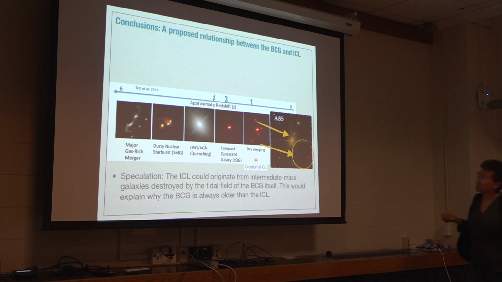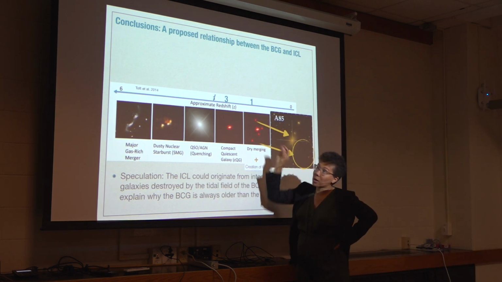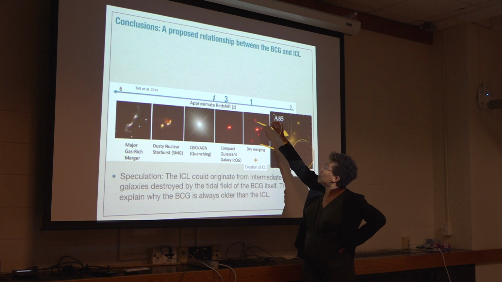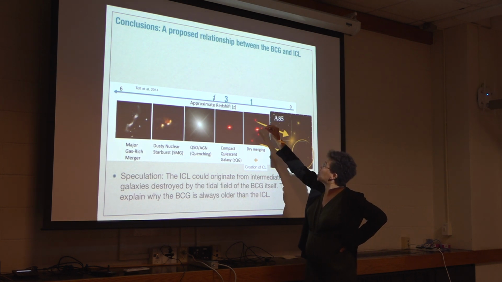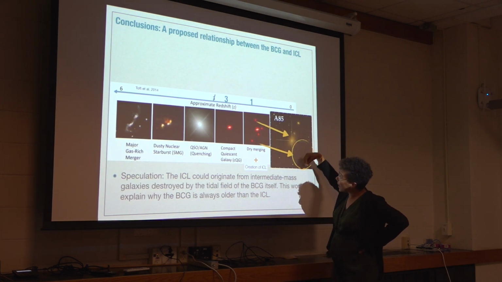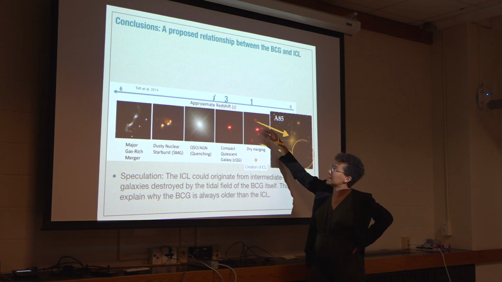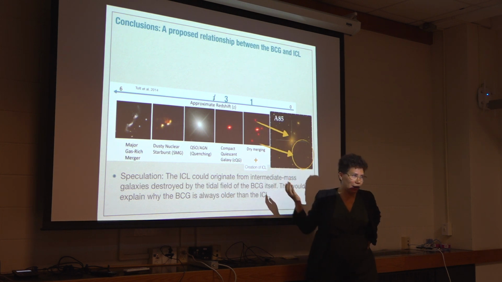And some of these minor mergers, which for BCGs can be L-star galaxies because BCGs are so massive, are going to be stripped or shredded and make the ICL. So this dry merging process we should think of as growing the BCG's mass, and also creating the ICL.